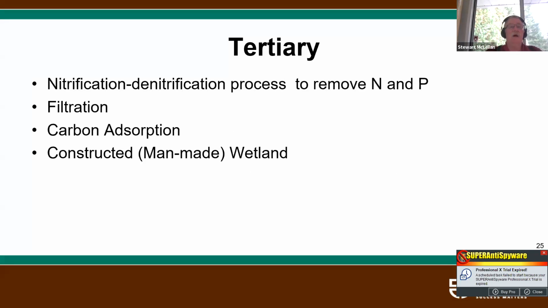Right. Tertiary treatment, nitrification, denitrification processes to remove nitrogen and phosphorus can involve filtration, carbon absorption, or constructed man-made wetlands. So nitrogen and phosphorus, they're a big issue when they get into natural waterways because of the eutrophication that it creates.